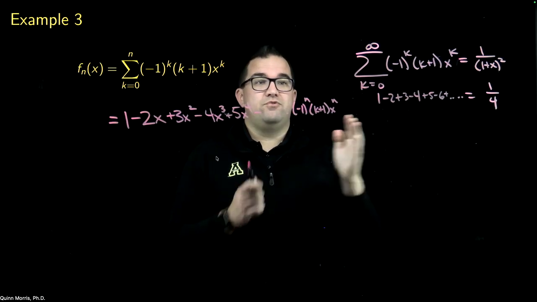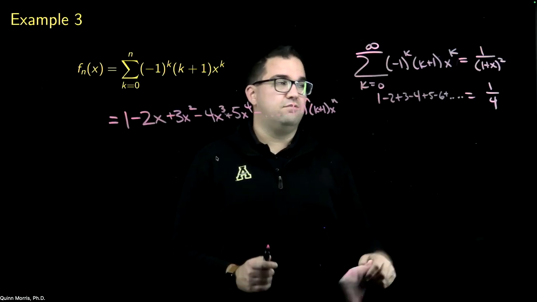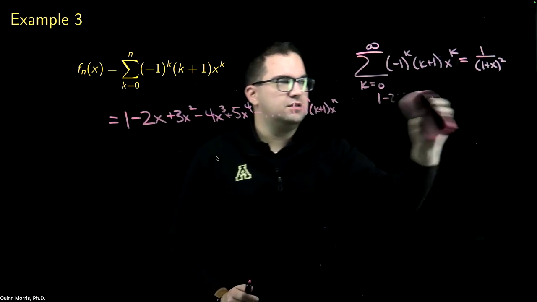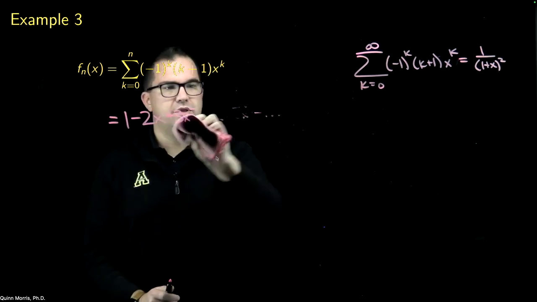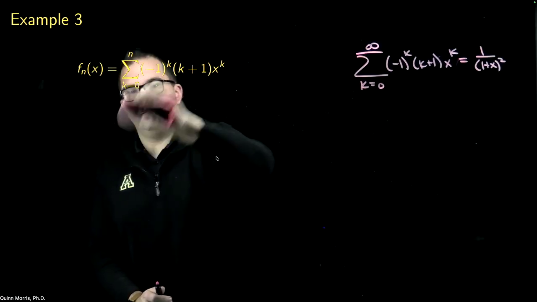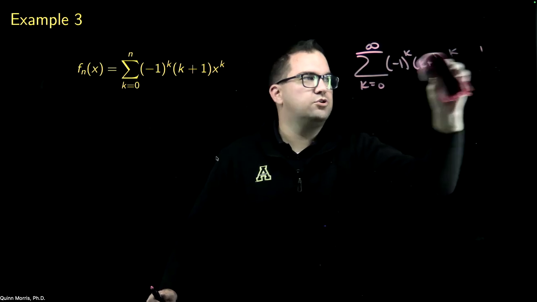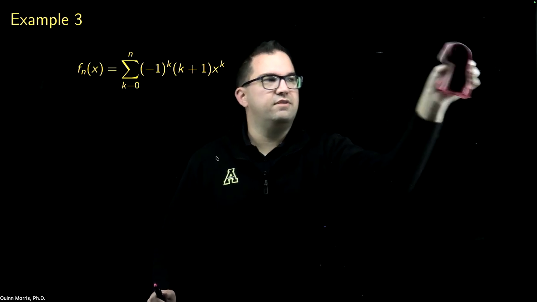However, if you have, say, a smaller domain that doesn't include 1, then you might have a chance of this sequence of functions converging. So again, let's look at what's going on here. We can look at what the terms of this series are, but let's use Desmos to help us get some sense of what's going on and what sort of things we might want to prove in subsequent videos.